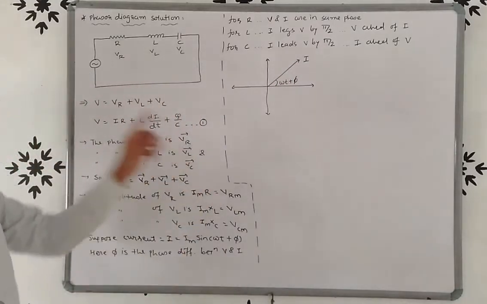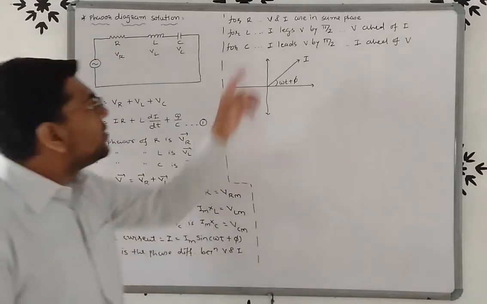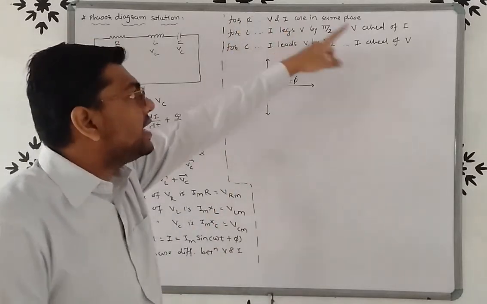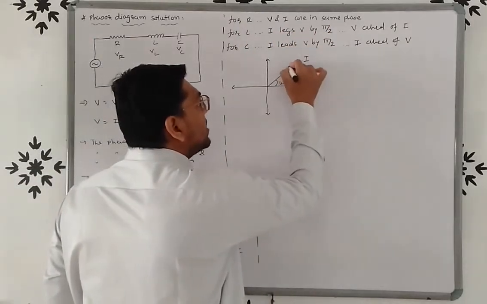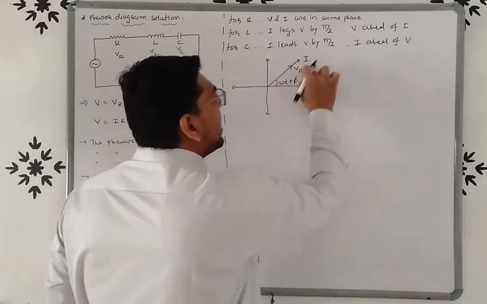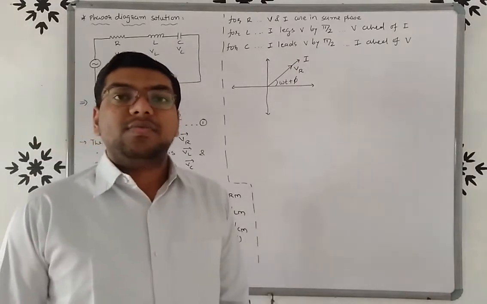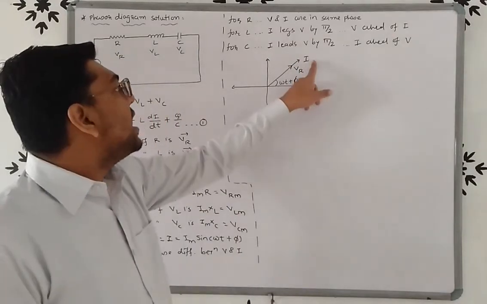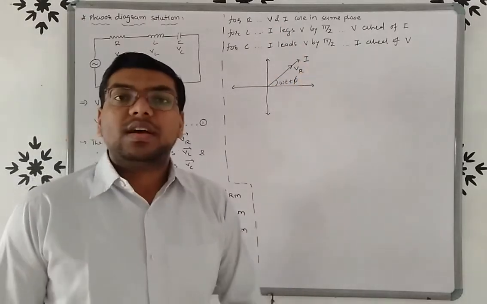Now here we represent the voltage across resistor as VR. So we know that for resistor V and I are in same phase, right? So here voltage is in phase with current. So VR, that means voltage across resistor, and we know that for resistor V and I are in same phase. So this is the phasor for resistor.